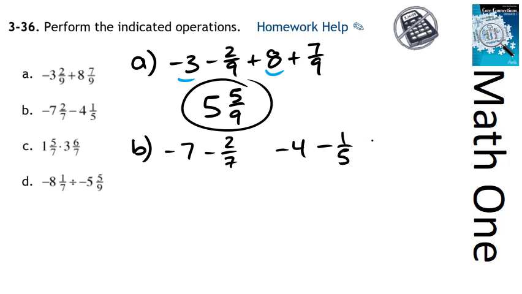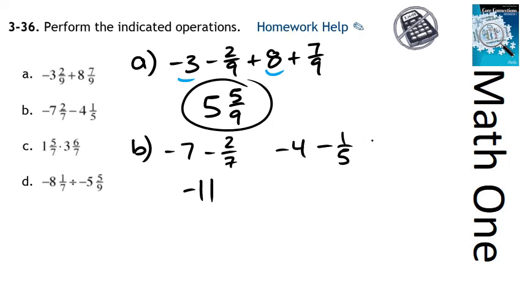So certainly we could combine the 7 and the -4. And when I combine 7 and -4, that's 7, 8, 9, 10, 11. That's a -11. No problem there. But I can't combine my fractional parts directly, right? Because they're not expressed with the same denominator. But it's pretty easy to modify those.